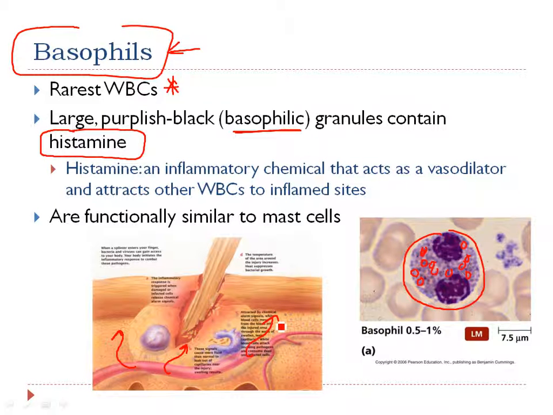So think about basophils as helping to stimulate inflammation, which also helps recruit in other white blood cells, other components of your immune system that you'll learn about later that are required to help you wage war with infecting microorganisms.